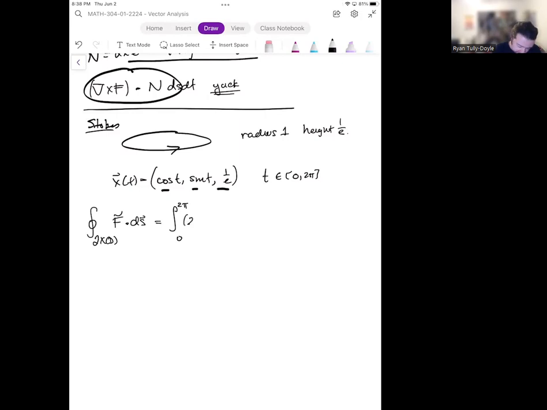So I'm going to get 2 sine squared t minus sine t e to the sine t plus 1 over e plus cosine squared t e to the sine t plus 1 over e plus the cosine of t sine of t dt. And you have no chance of integrating that.